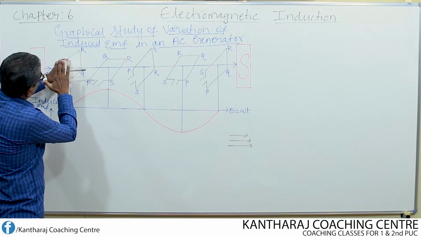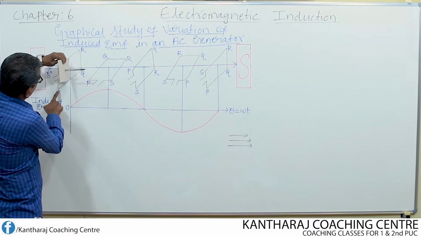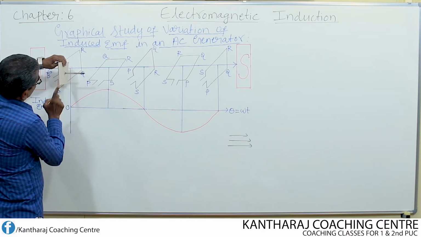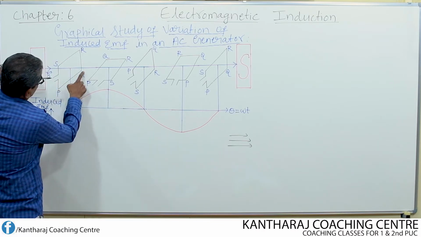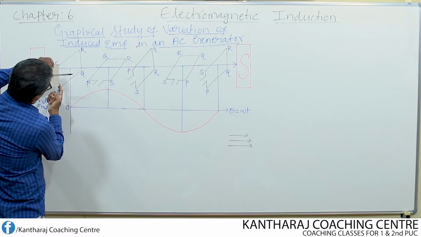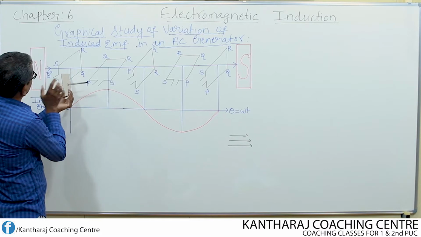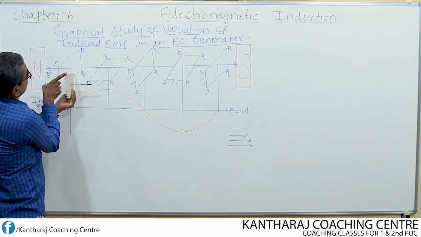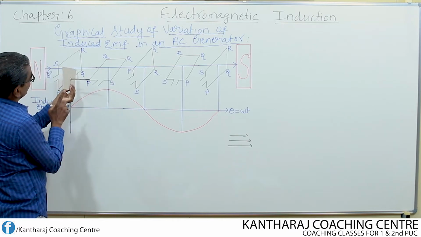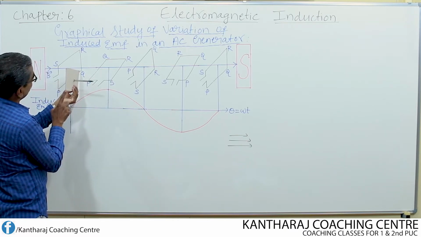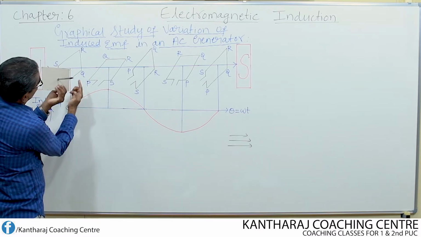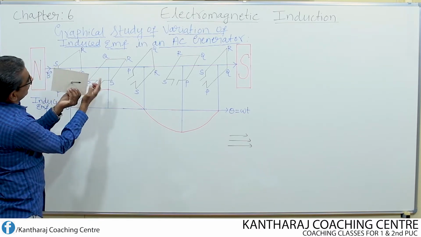Initially, on the plane of the coil, this edge is taken as P, and this edge is taken as S, exactly at the back side of P. That means if this is P, the back side of P is taken as Q. Then if this is S, the back side of S is taken as R. So once again, this is P, this is Q here, this is R, whereas this one is S.